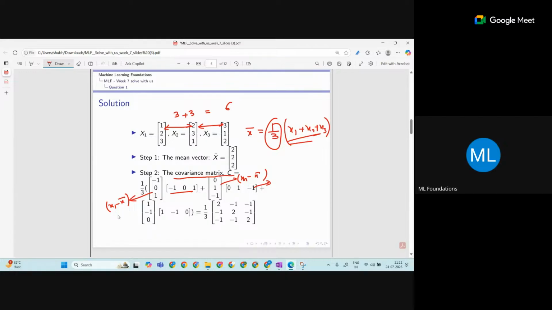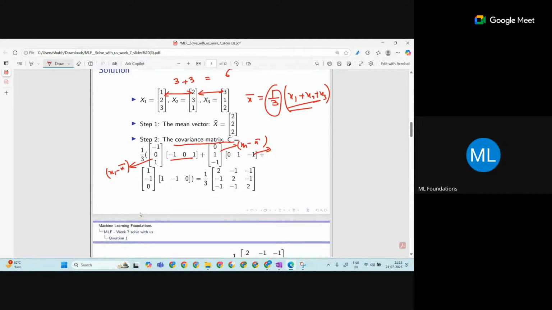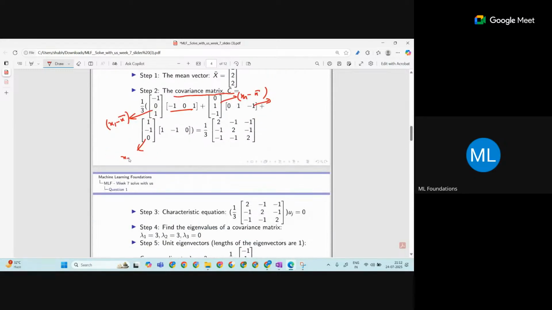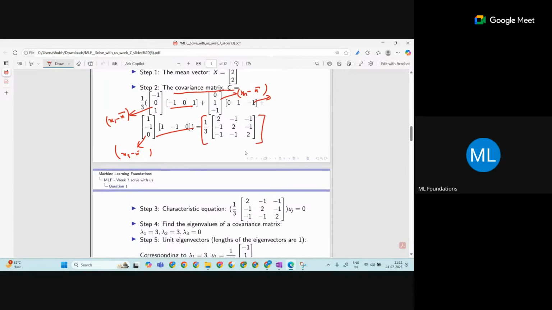And this is the third one, which is your x3 minus mean, and this is its transpose. This is how you will do it separately. You will get the covariance matrix. This is your covariance matrix.